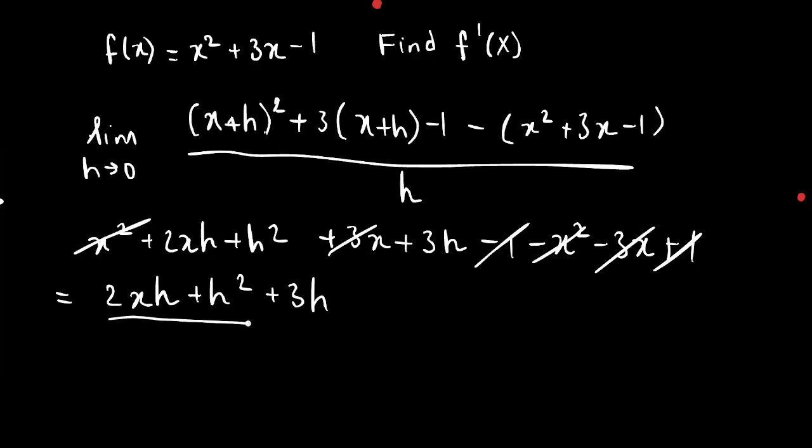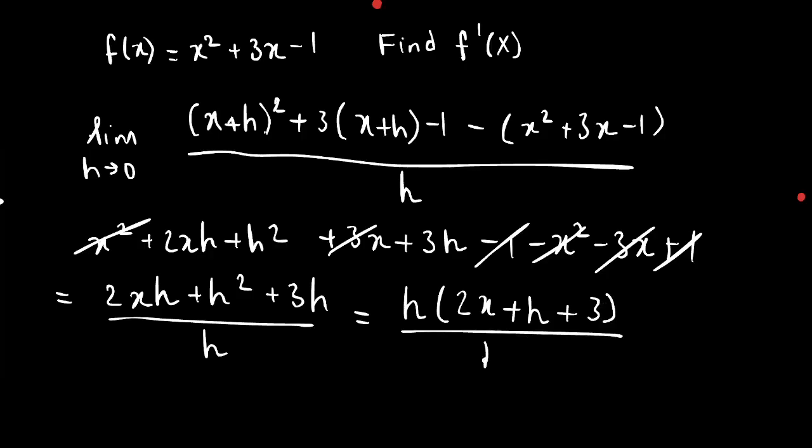And remember, this was all over h here. And so then what can we do here? Well, we can simply take an h as a common term in our numerator. So that's h times 2x plus h plus 3 divided by h. This allows us to cancel the h's out.